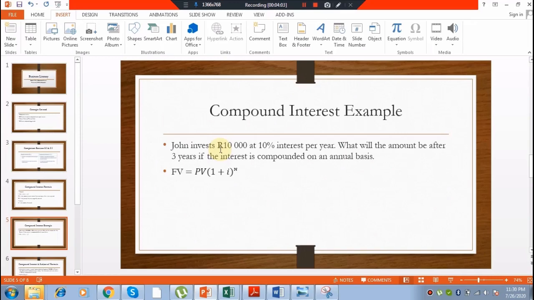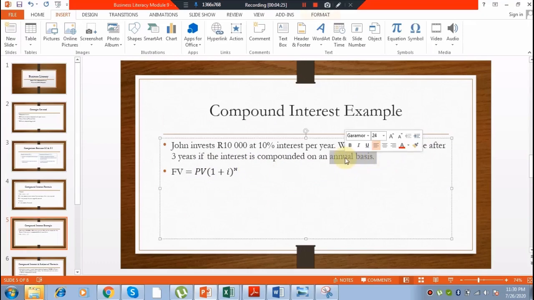John invests 10,000 at 10% interest per year. What will the amount be after 3 years if the interest is compounded on an annual basis? Always remember, when you're doing compound interest, please pay attention to the periods. We'll discuss that a bit later.